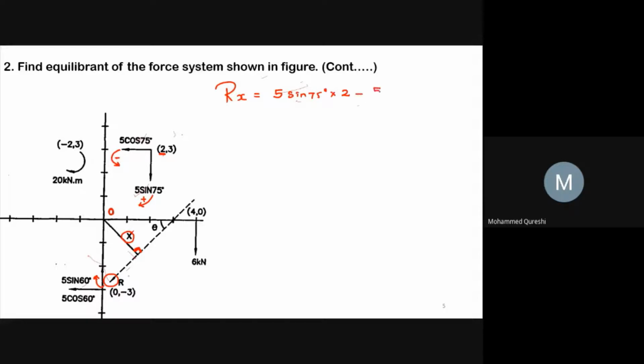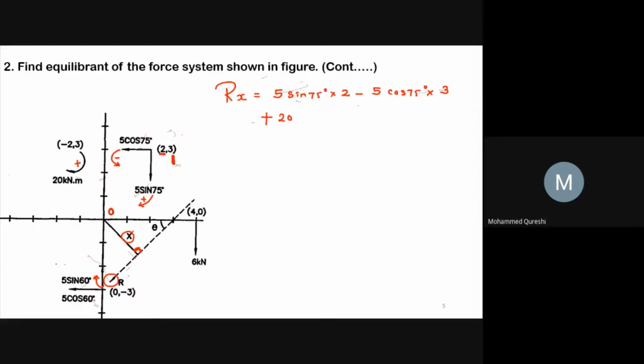So here minus 5 cos 75 degree into, this is your horizontal force, and hence this horizontal force makes the perpendicular distance with respect to vertical axis. So 5 cos 75 into 3. Next, 20 kilonewton into meter. It is moving towards point O in clockwise direction. So here plus 20.